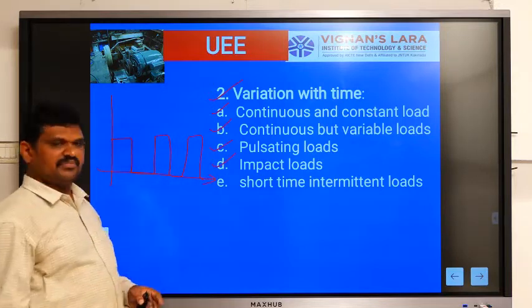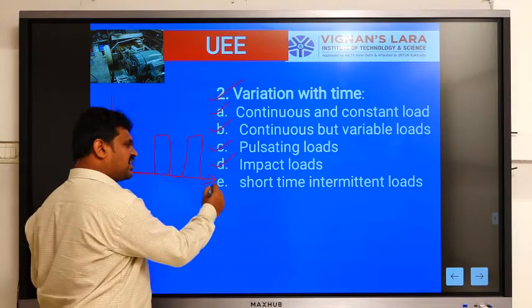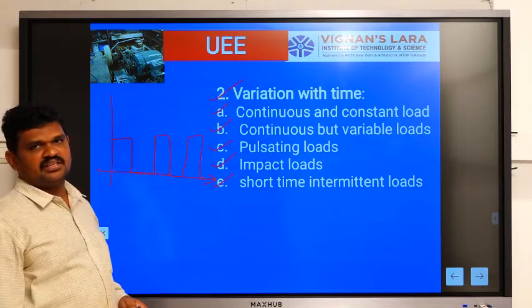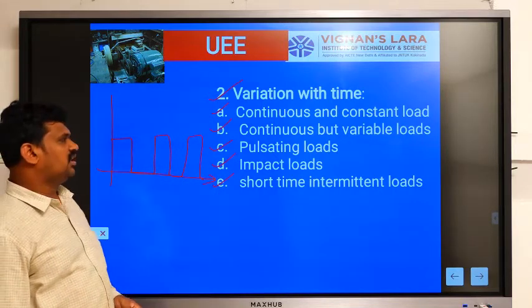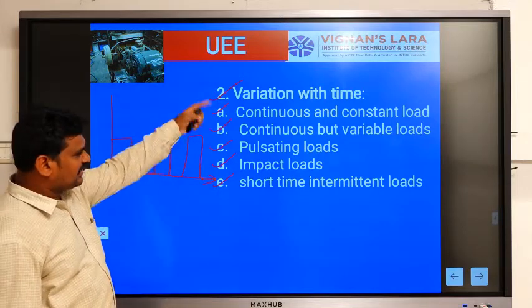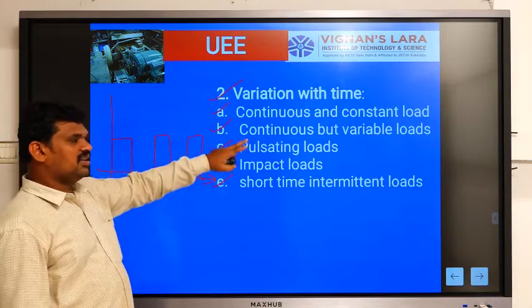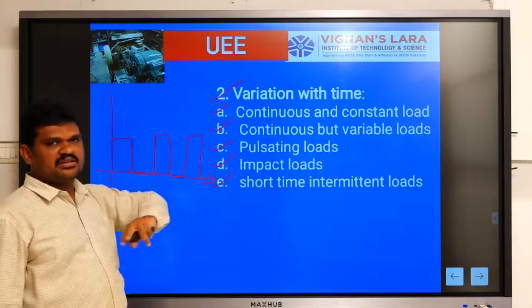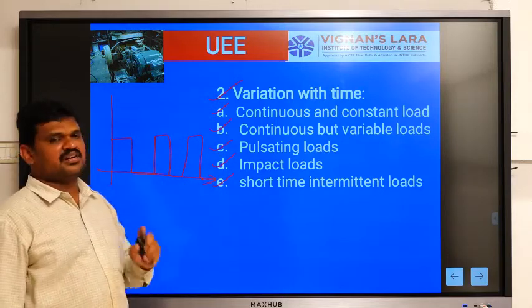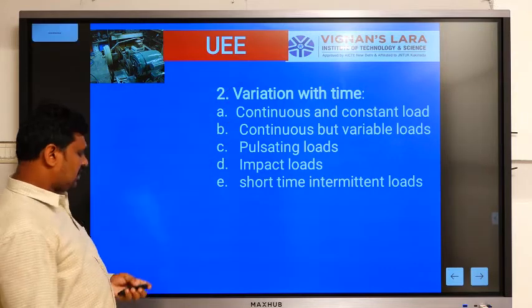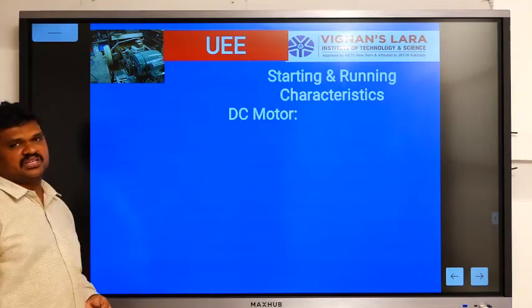Impact load is also the same: for a short time period it is loaded. So, based on time, the types are continuous and constant, continuous and variable, pulsating loads, impact loads, and short period loads. These are the different natures of loads.